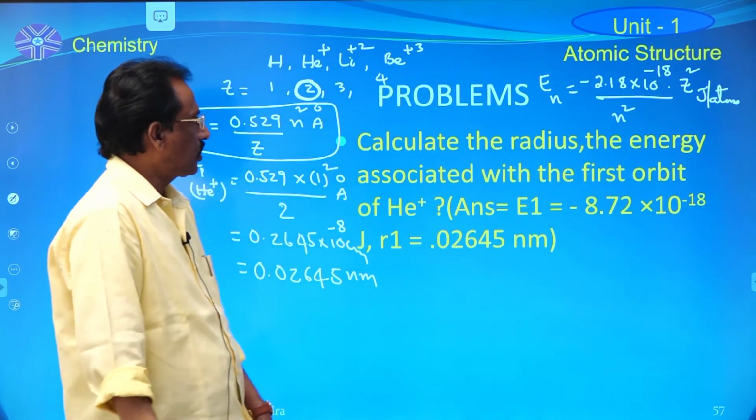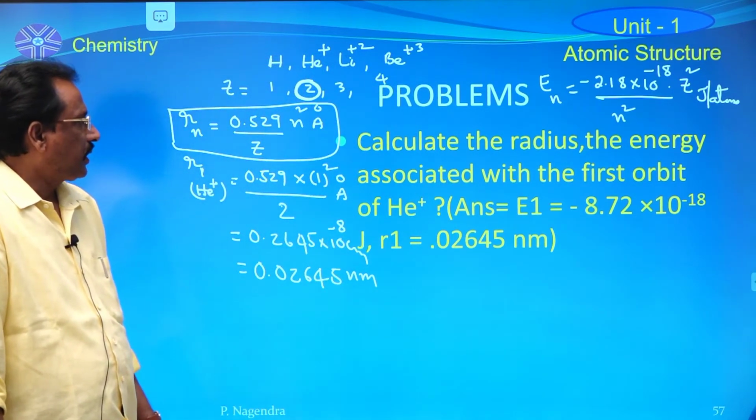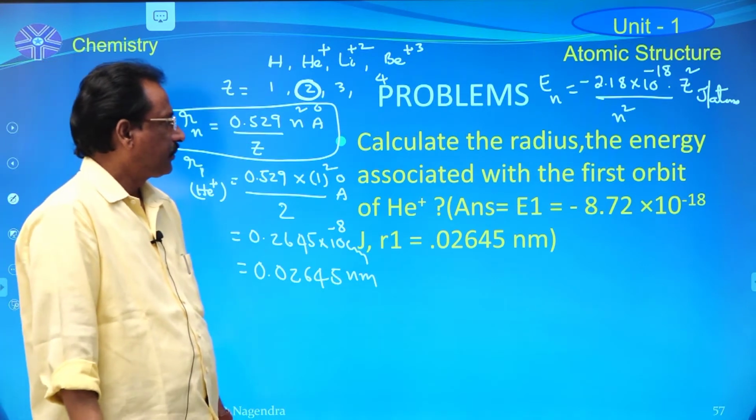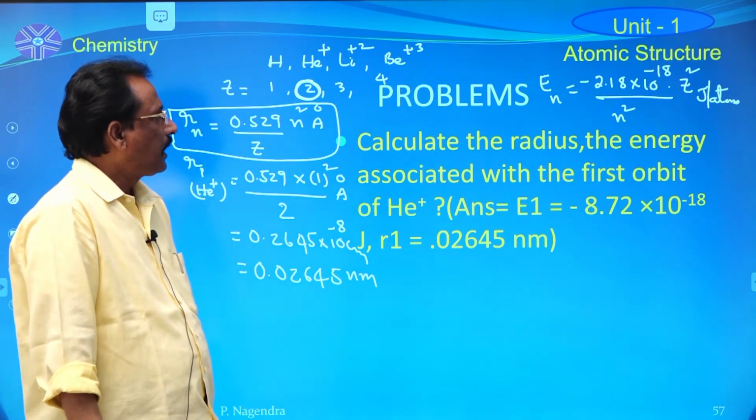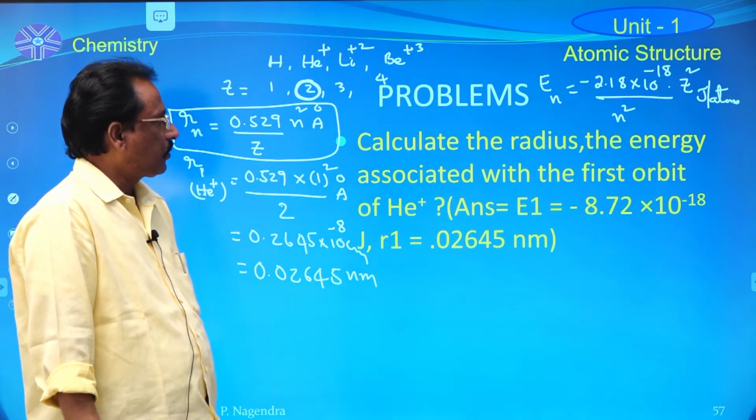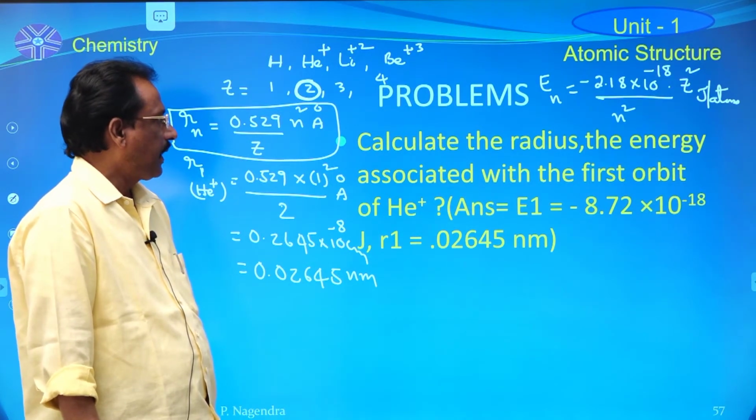According to Bohr's theory, the energy of the electron in nth orbit is equal to minus 2.18 into 10 power minus 18 into Z square by N square joule per atom.